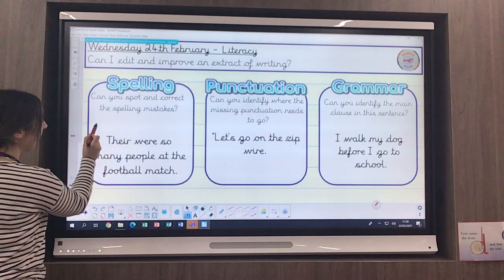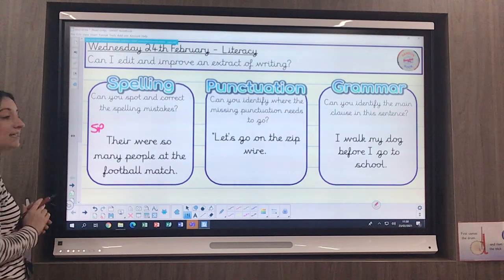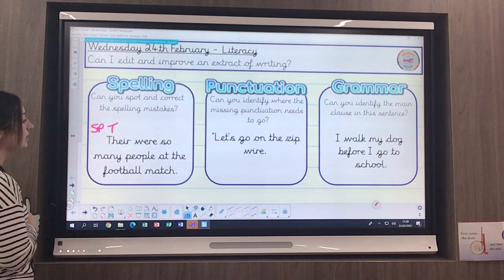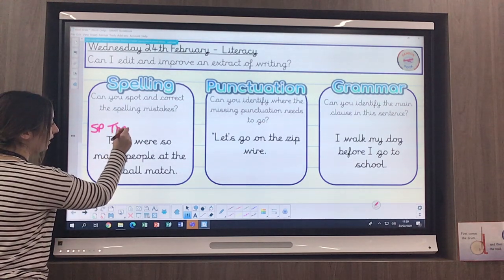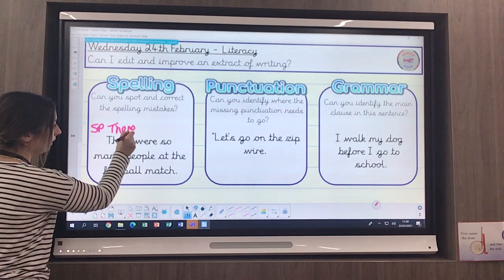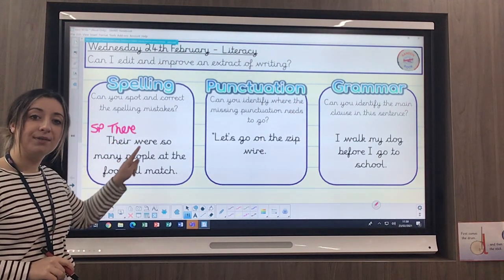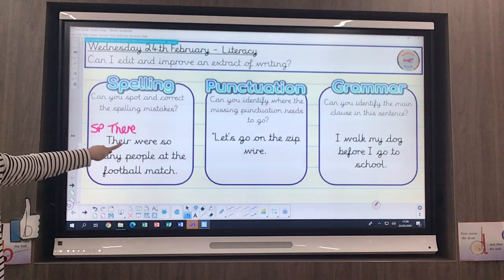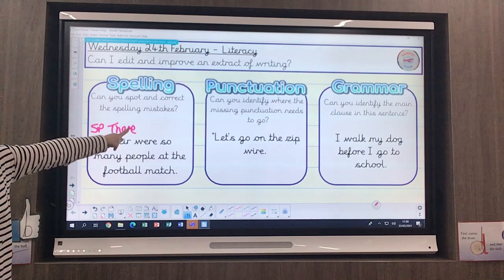So I'm going to put my SP just above where there is, and I'm going to change that spelling, and it should have a capital T because it is the start of a sentence, but it's going to have T-H-E-R-E. And that is the correct spelling for this sentence because we're not talking about something that belongs to somebody. So we need to change this there, the spelling with E-I-R, to the there with E-R-E.